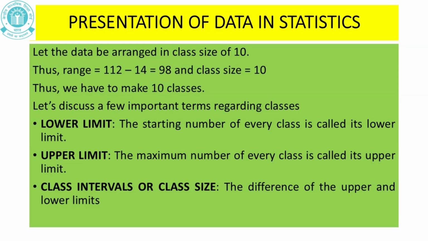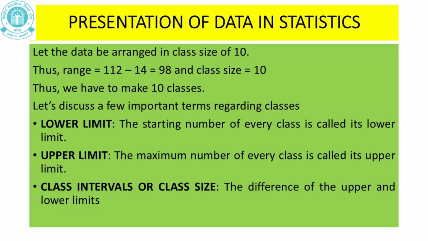Let's discuss a few important terms regarding classes before looking at the frequency table. Lower limit. The starting number of every class is called its lower limit. Upper limit. The maximum number of every class is called its upper limit.